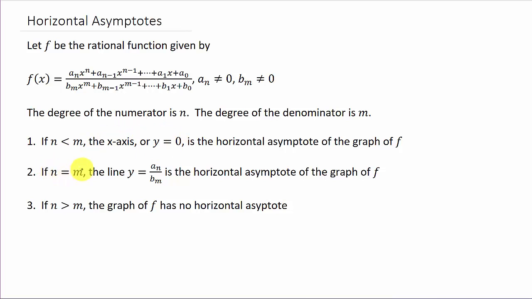If n and m are the same, the largest exponent in the numerator and the largest exponent in the denominator are the same, then the line y equals a sub n over b sub n is your horizontal asymptote. It's the coefficients. And if n is larger than m, so if the largest exponent in the numerator is larger than the largest exponent in the denominator, then there are no horizontal asymptotes.